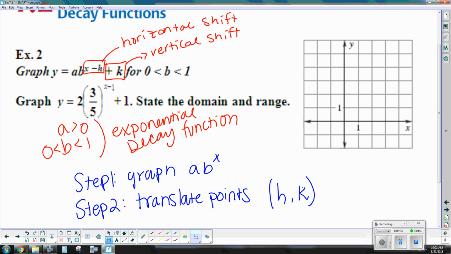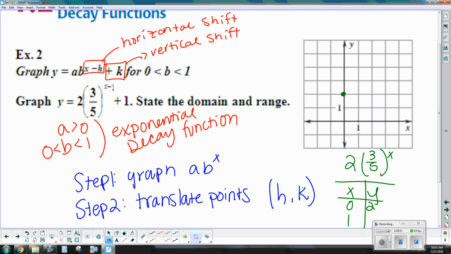So our first step, we're going to graph a times b to the x power, which is 2 times 3/5 to the x power. So we'll pick a couple points, 0 and 1. When x is 0, y is 2.